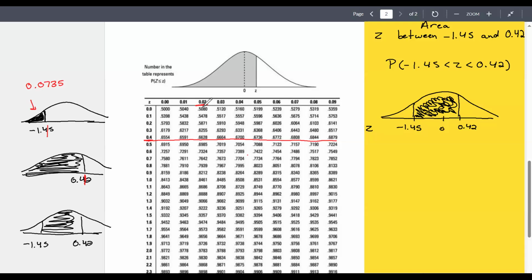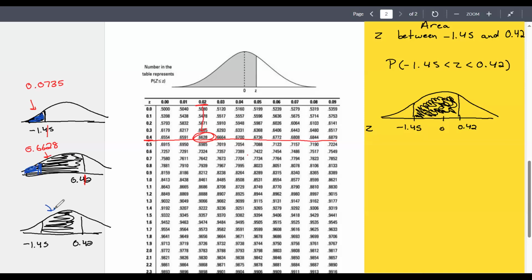So we see right here, that is going to represent this area. If I want to get this area right here, remember that this area, well, I could subtract it from this area right here. And if I do that, I'd be left with this area.